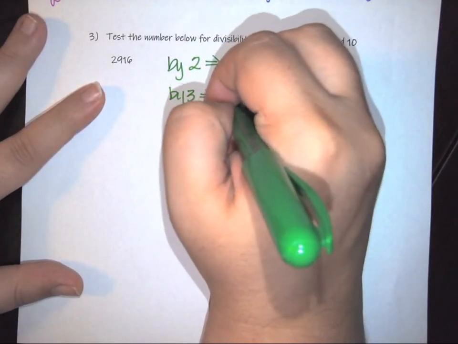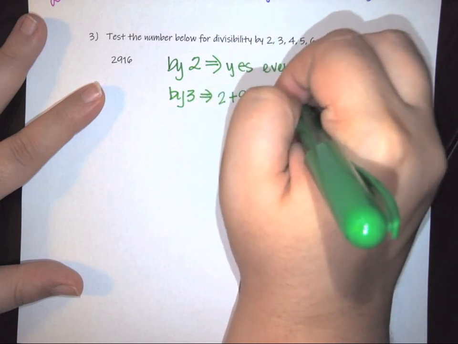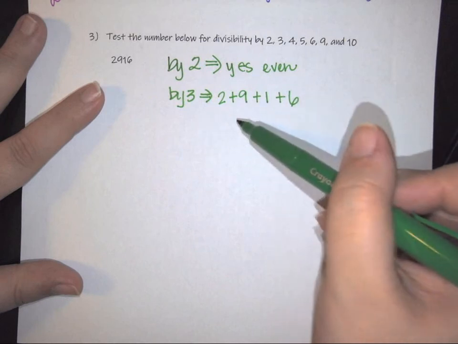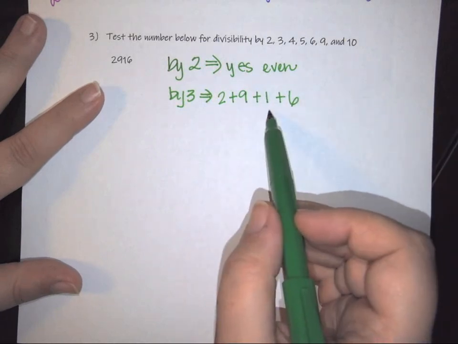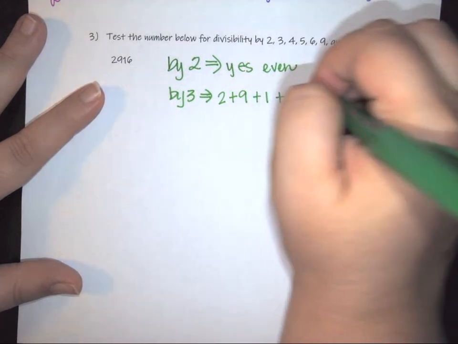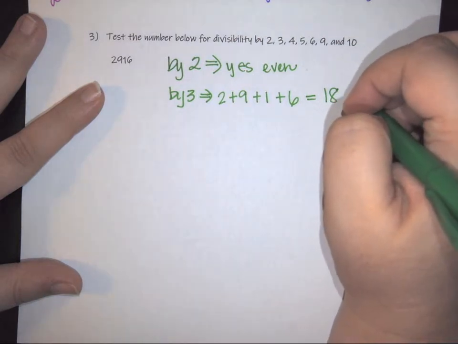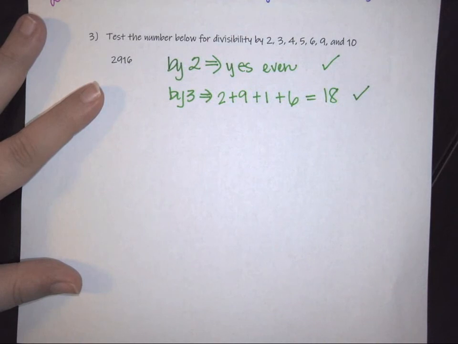So this is 2 plus 9 plus 1 plus 6. So we have 2 plus 9, that's 11, plus 1 makes 12, plus 6 makes 18. So yes, this works because 18 is divisible by 3.